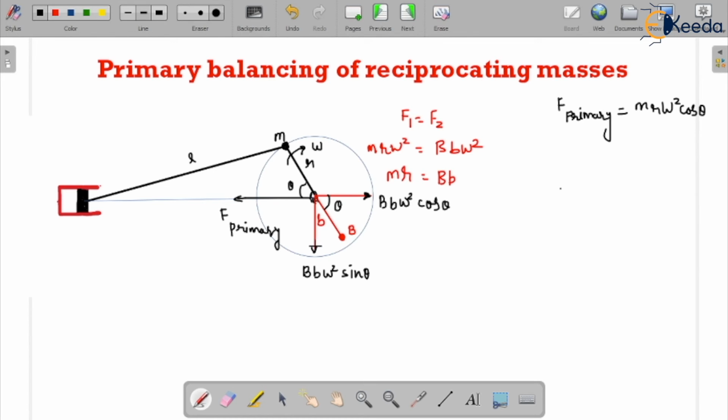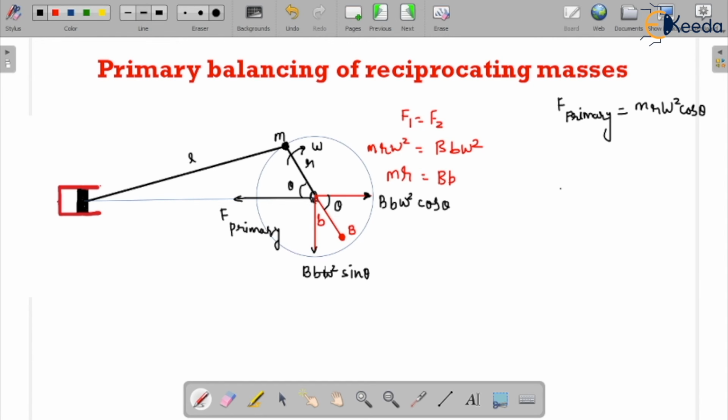What would be the maximum value of this force? The force B b omega square sin theta has a maximum value of B b omega square, because the maximum value of sin theta is sin 90, which is equal to 1. So you can see that when we balance the mass M with another mass B, a vertical component of unbalanced force remains.